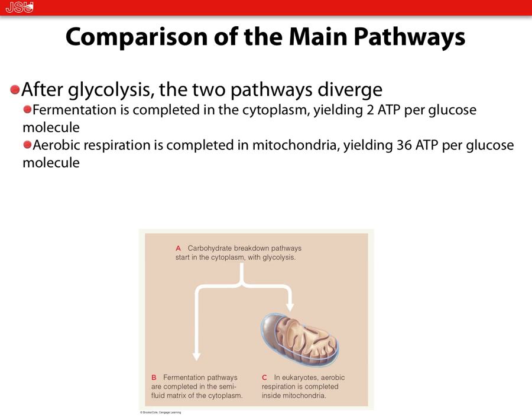As we said, after glycolysis, that's step A in this picture, the pathways can diverge, and the products of glycolysis go either to fermentation or to oxidative metabolism, here called aerobic respiration. Also look at the number of ATPs being made. Fermentation makes fewer ATPs. Aerobic respiration makes more ATPs.